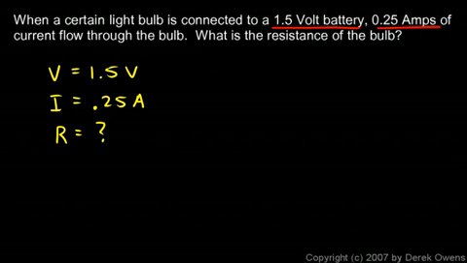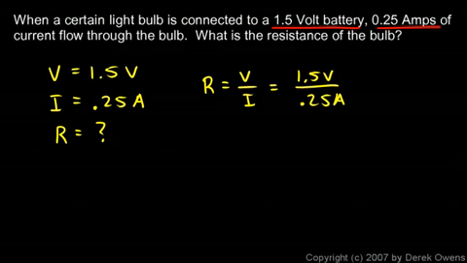The resistance is what I don't know, so I'll use the equation in this form, R equals V over I. I put in 1.5 volts and 0.25 amps, and I do the division, and it comes out to 6. When you divide volts by amps, you get ohms, so this is 6 ohms. That's the resistance in this particular case.